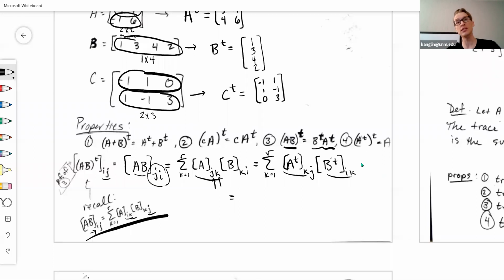My point is, since these are scalars, you can commute these. This scalar times the one to the right is the same if you reverse the order. You can't reverse the order of multiplication of two matrices, but you can reverse the order of multiplication between two scalars, which is all we have here. So what do I have?